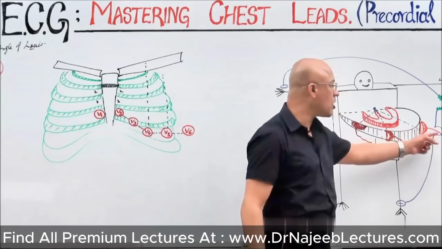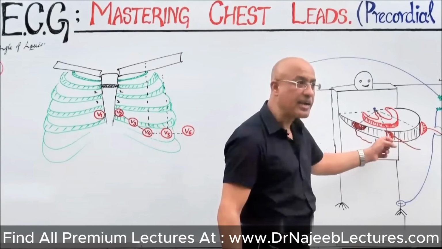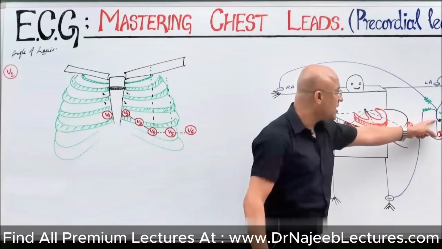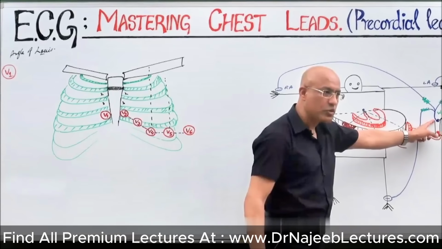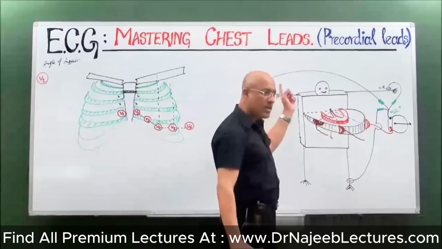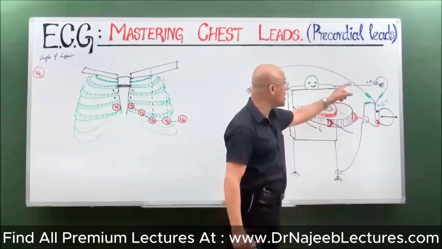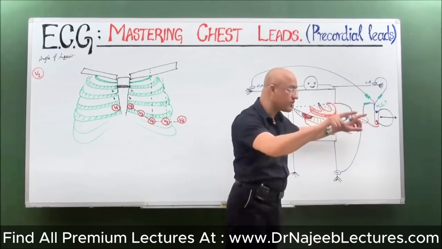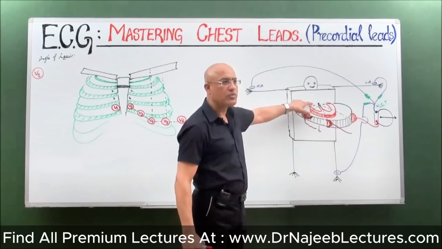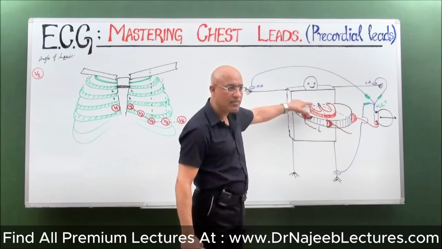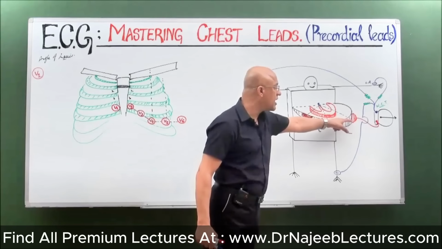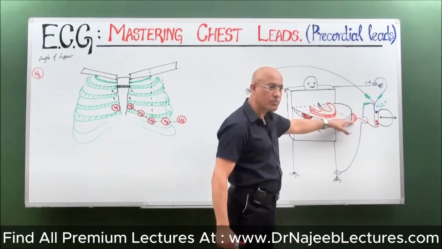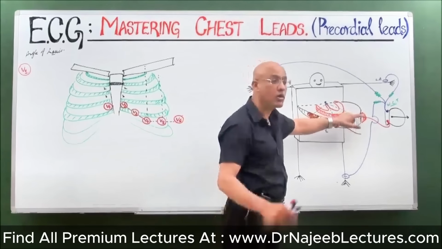The positive electrode is applied on the surface of the chest at different positions depending upon which chest lead you are recording, and the negative terminal is connected through 3 wires to the right arm, left arm and the left leg through resistances to make a common central terminal, which results in the production of an indifferent virtual electrode in the center of the heart. And the exploring electrode is determining the potential difference between the virtual electrode and the electric potential at the site where the exploring electrode is applied.